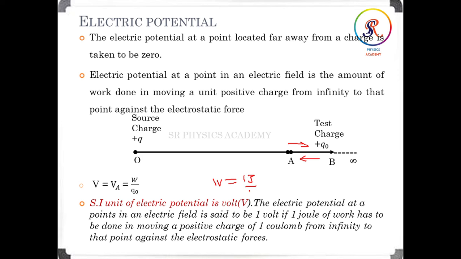In words: the electric potential at a point in an electric field is said to be 1 volt if 1 joule of work has to be done in moving a positive charge of 1 coulomb from infinity to that point, against the electrostatic force. So you have to remember that here the potential is not from one point to another point, but from infinity to that point. Clear?